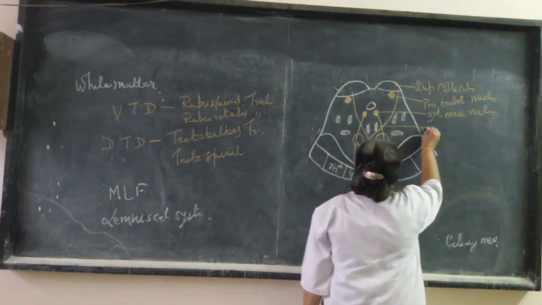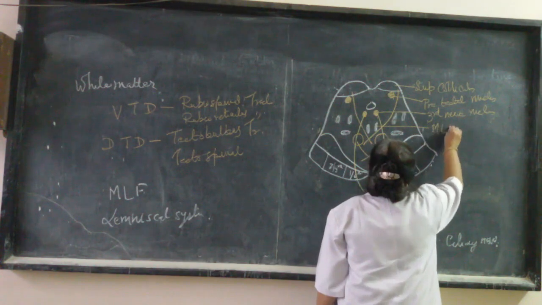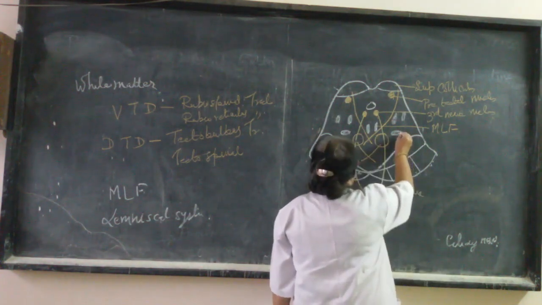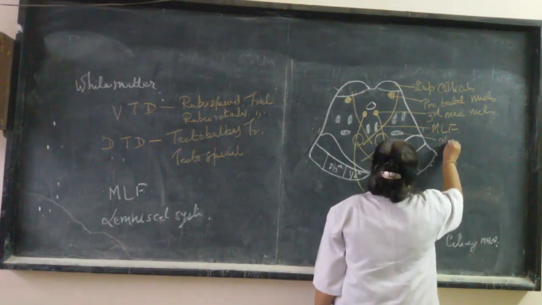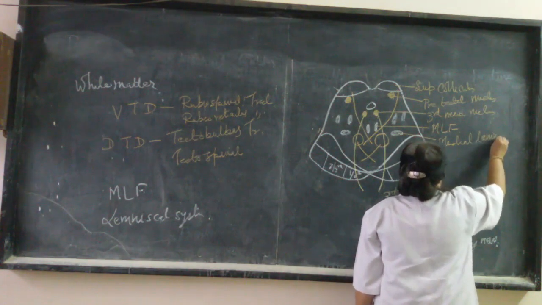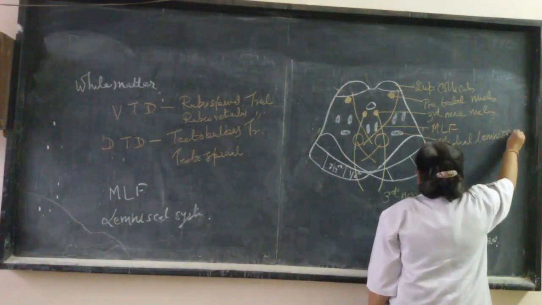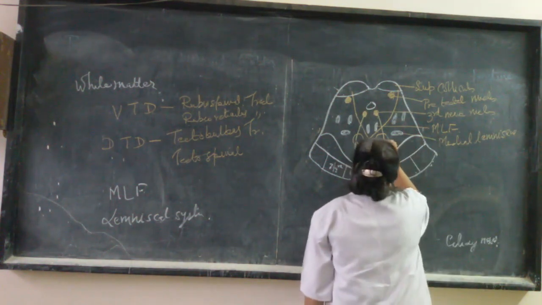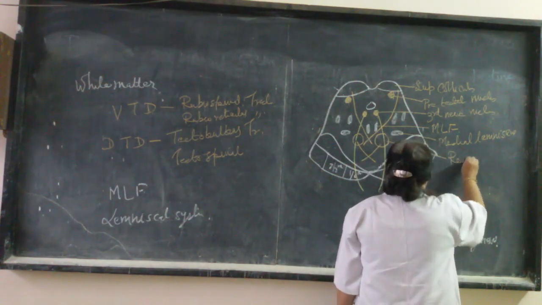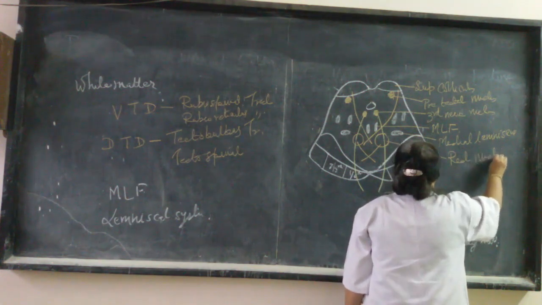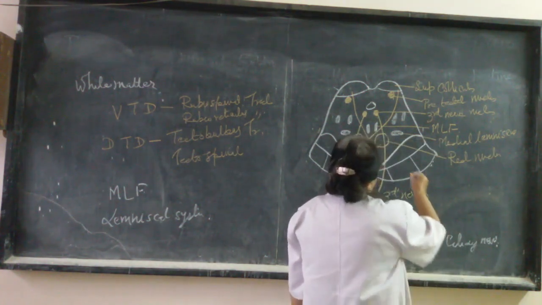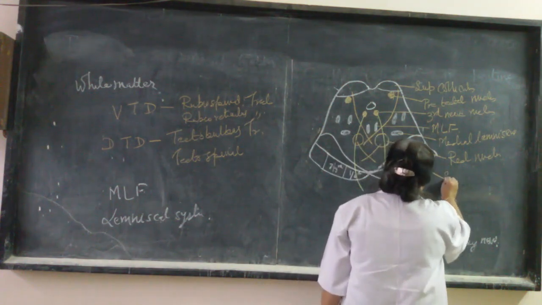This part is the medial longitudinal fasciculus. This is the medial lemniscus. This large nucleus is the red nucleus. This part is the substantia nigra.